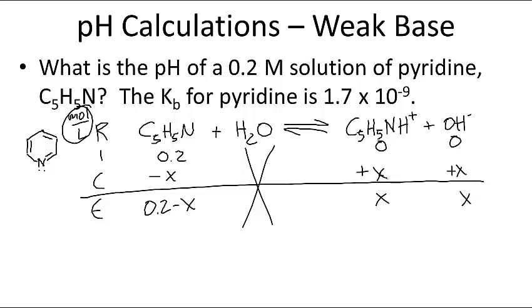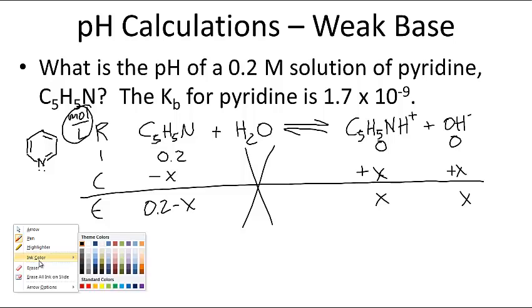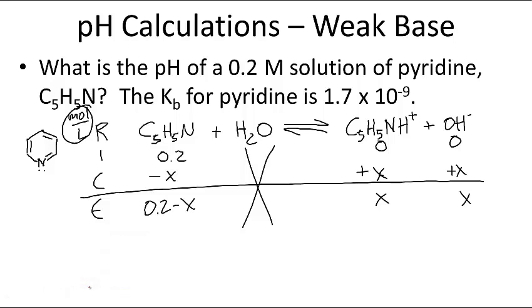Look at my K value. What kind of K value? Small. Oh, gotta love those small K values. They just make life so much easier. So this is going to be roughly equal to 0.2.